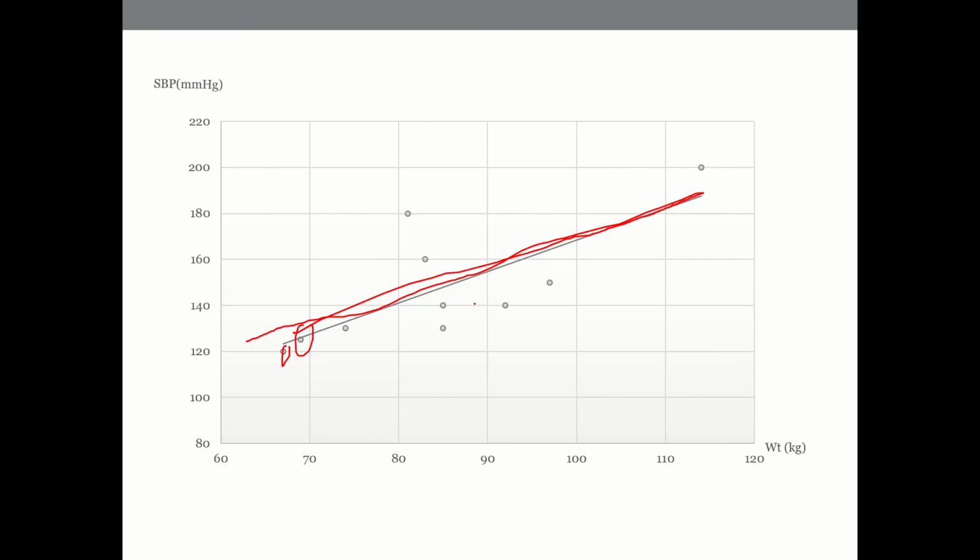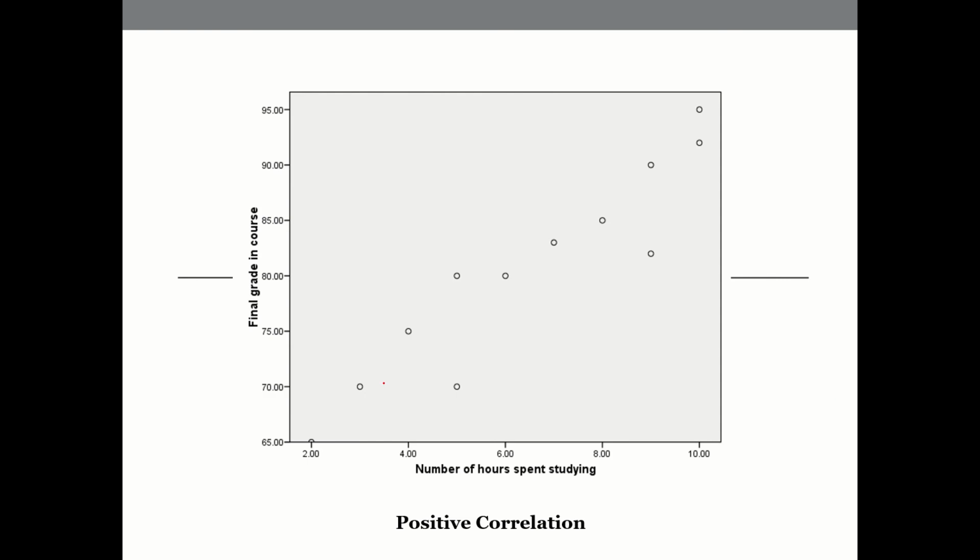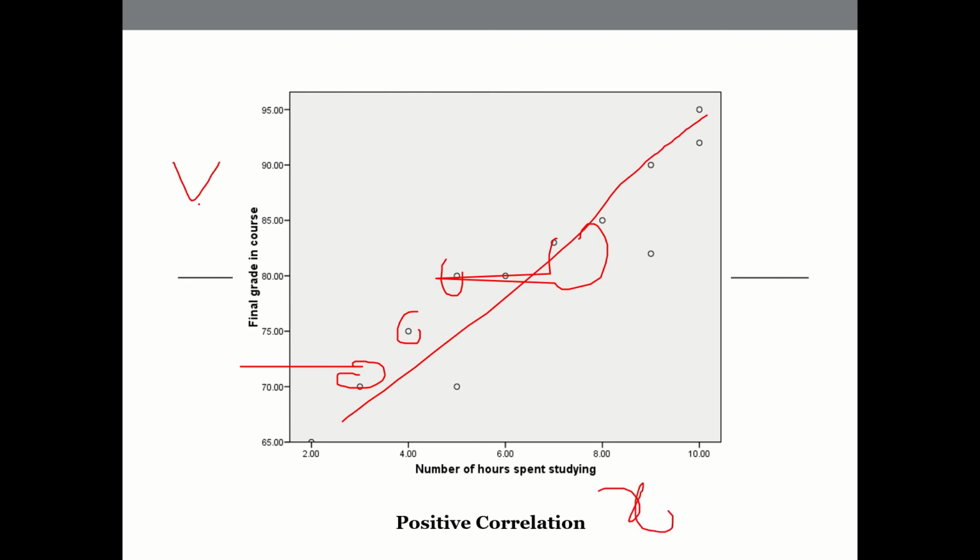Here as well is a positive relation, where if you see this, the observations are progressive. This is x, and this we said is y, the dependent variable, and this is the independent variable.